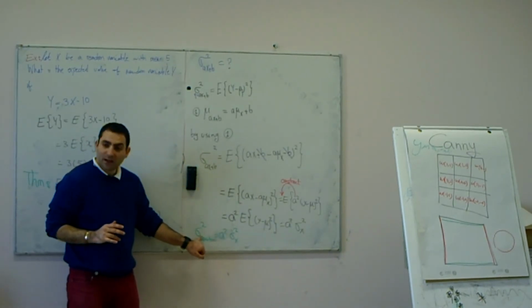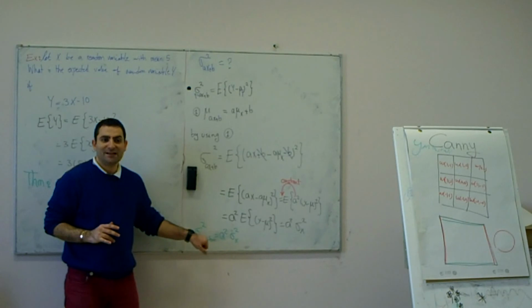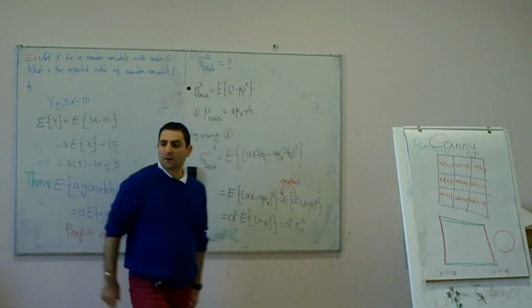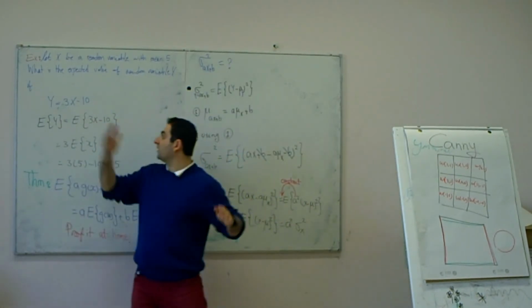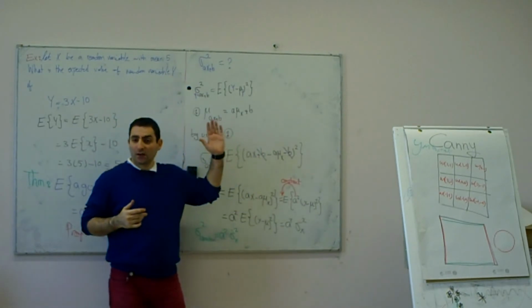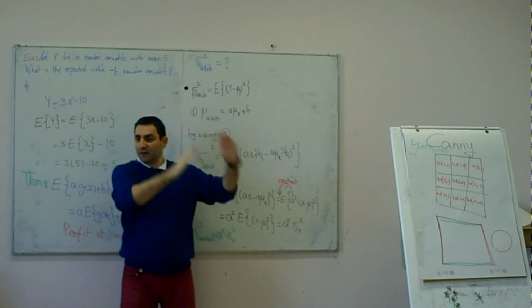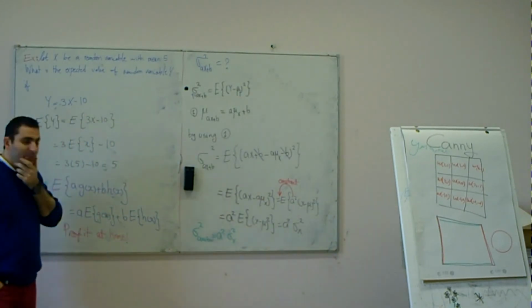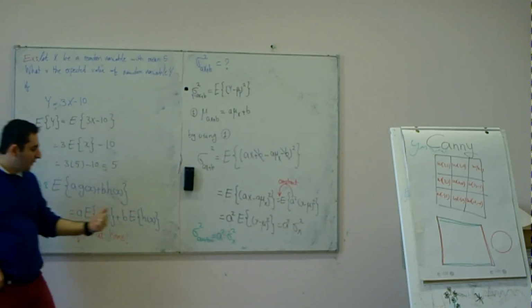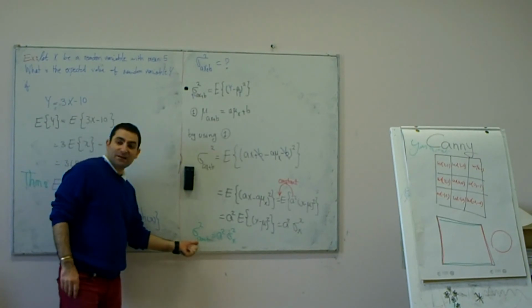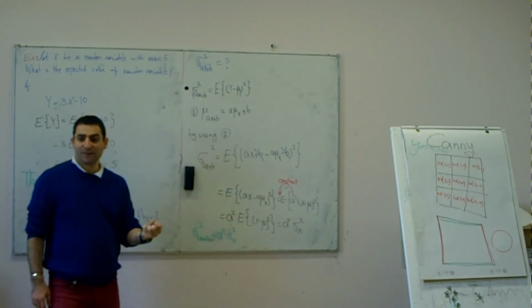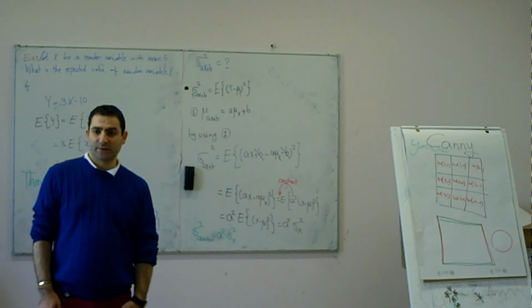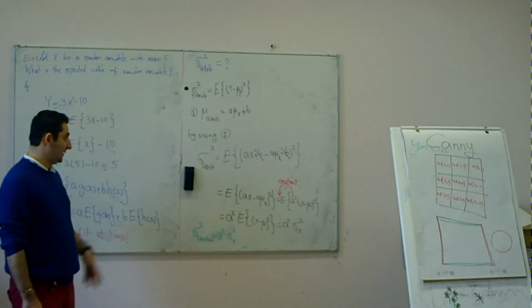In other words, sigma squared of X plus 5 and sigma squared of X are the same. The graph that I drew for you regarding our current example: it doesn't matter where you put it, the variance or standard deviation will be the same. But if you multiply your random variable with a scalar, the variance will be multiplied by the square of that scalar. And this is the proof.